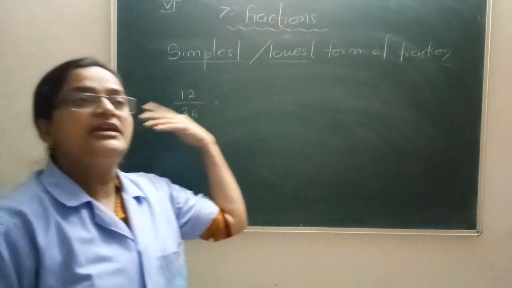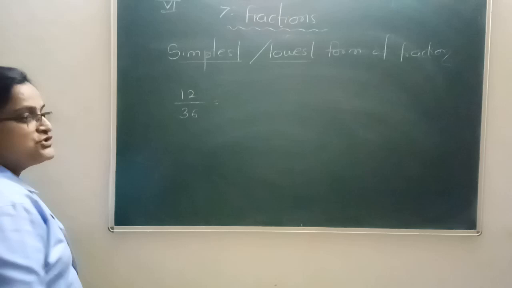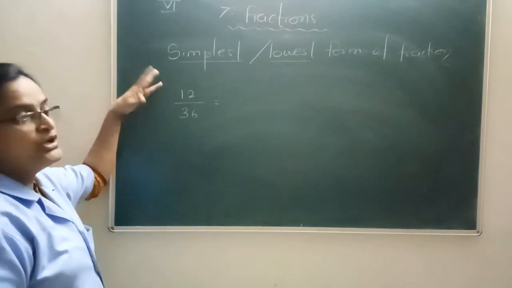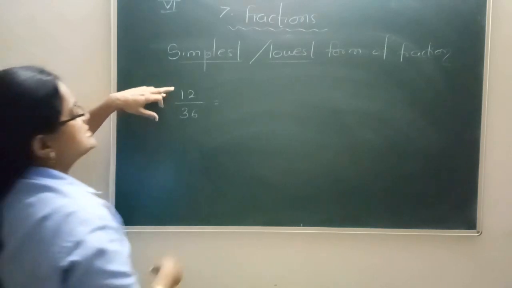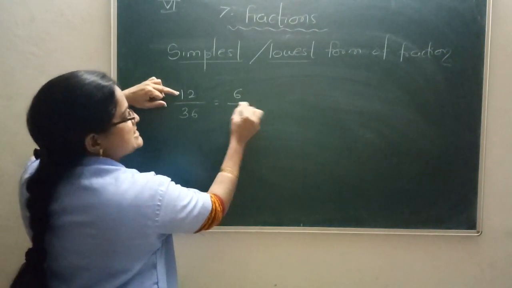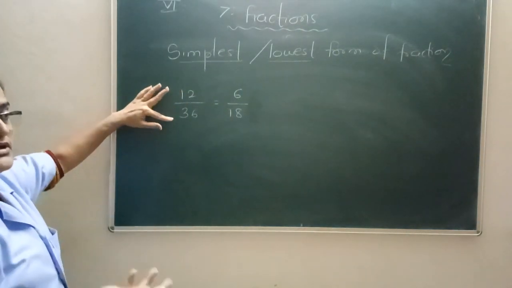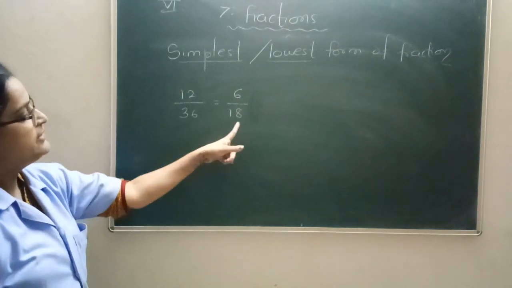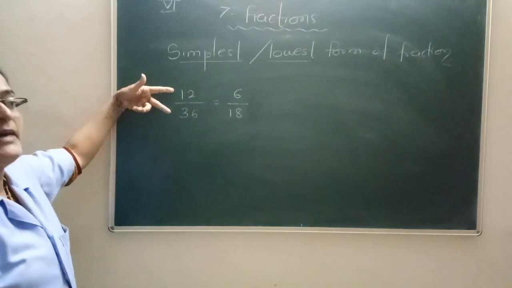Let me write equivalent fractions of this fraction, as many as I can. So first of all, both are divisible by 2, so I can divide each of them by 2 and I get one fraction. 6 upon 18 is equivalent to 12 upon 36, because 6 2s are 12, 18 2s are 36. Now I know both are divisible by 3.